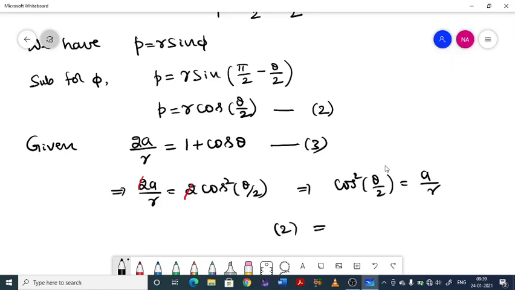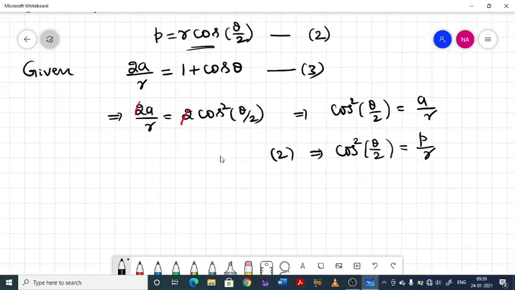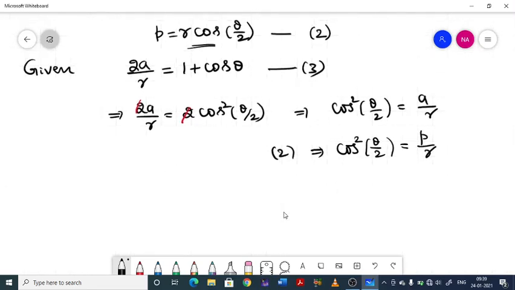Similarly, equation 2 implies cos of theta by 2 equal to p by r.